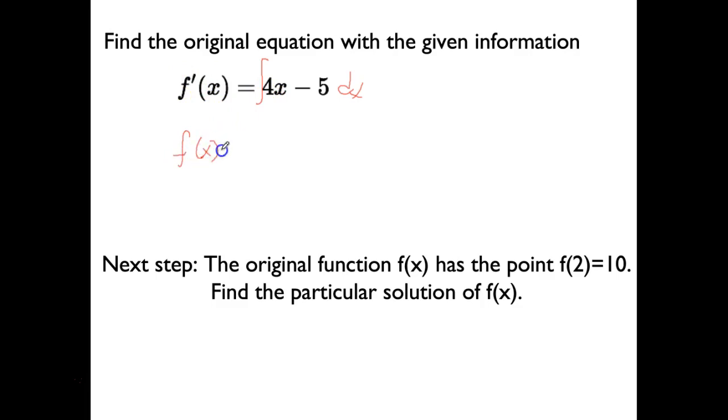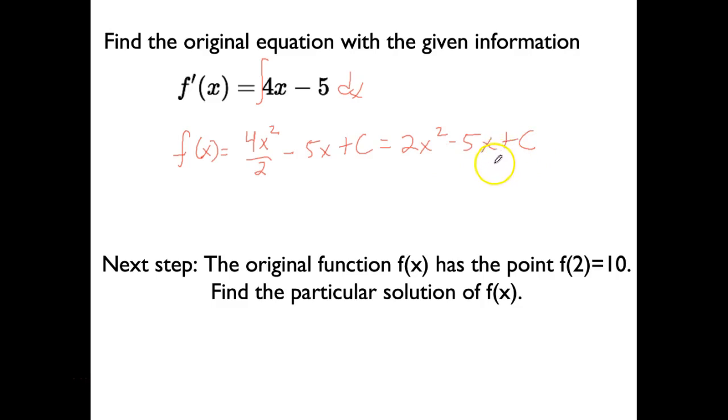Okay, so the original is going to be, if we take the integral of this, boost and divide each term. So 4x squared over 2 minus 5x plus c. Okay, that's the original equation, and if you simplify it, it would look more like this. Now this is an integral. That's how I've shown you how to do it, right?